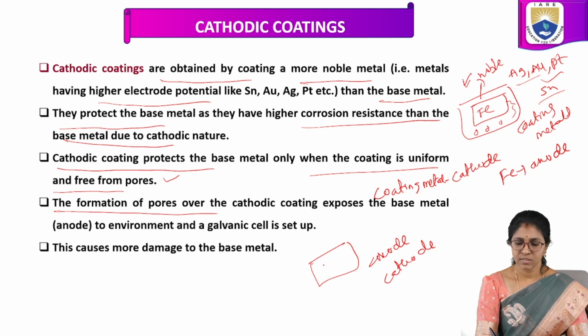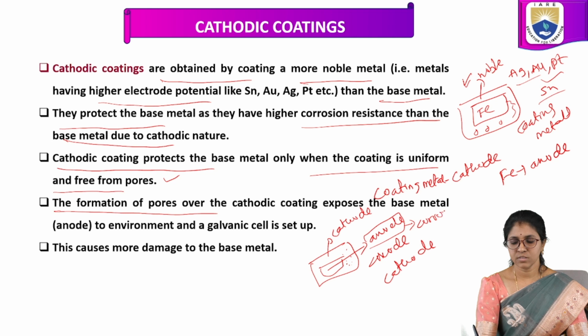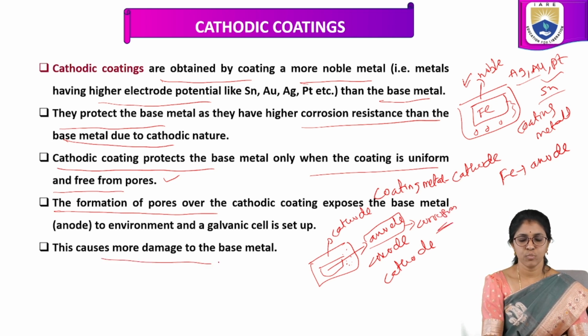The base metal is, we know, the anode with respect to the coating metal, which can act as cathode. So this base metal, exposed to the environment, is the anode and can undergo corrosion. This causes more damage to the base metal.